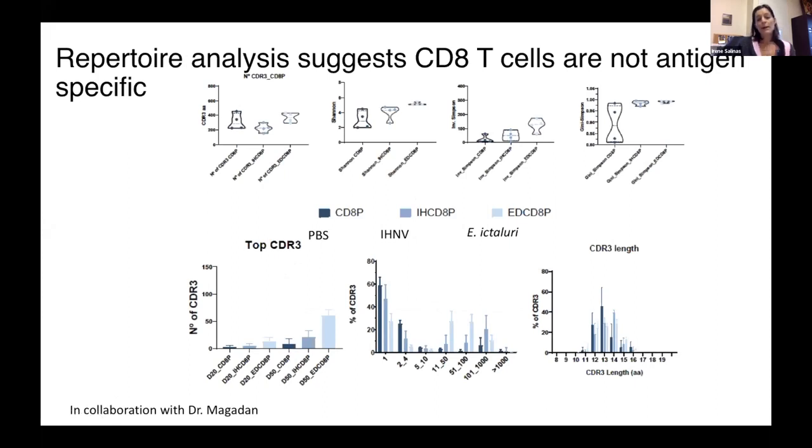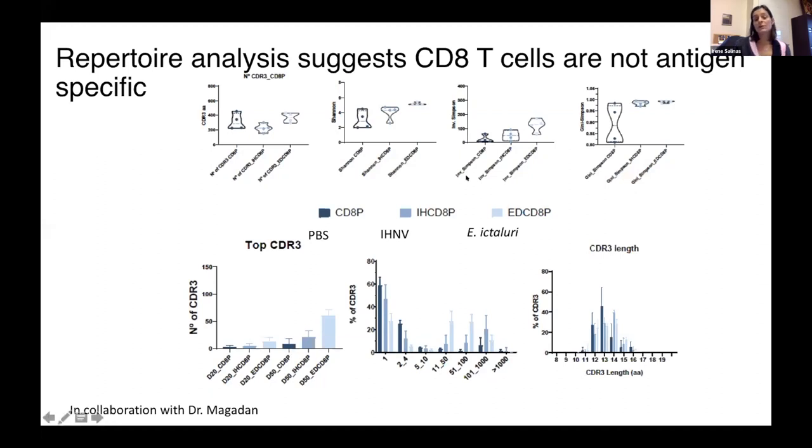A next experiment that was really important to us was trying to understand whether these responses were antigen specific or not, and whether we could detect some sort of invariant immune response. Of course there were CD8 T cells, but we could maybe have some sort of NK T cell subset in there, and that innate-like behavior would suggest that. Our preliminary data had shown that this was a TCR alpha, TCR beta positive CD8 T cell population.